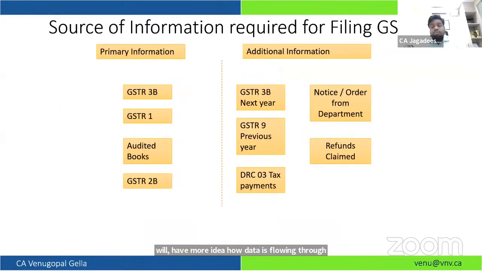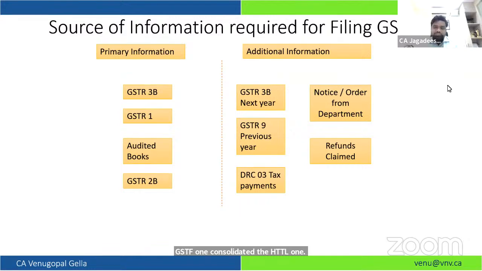Coming to the source of how to fill GSTR-9: what is the basic source of information for filing GSTR-9? The primary information is your GSTR-3B and your filed GSTR-1, consolidated GSTR-1, obviously your audited books, and the GSTR-2B.